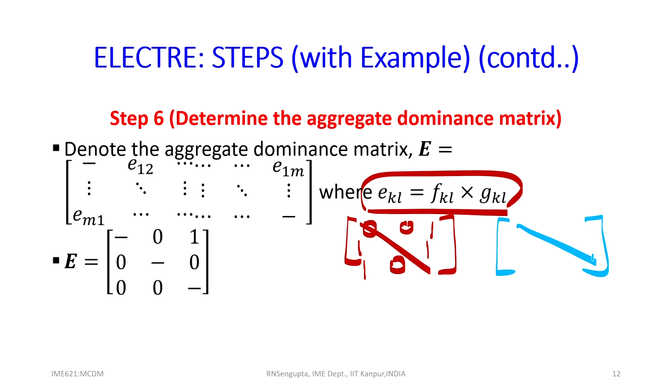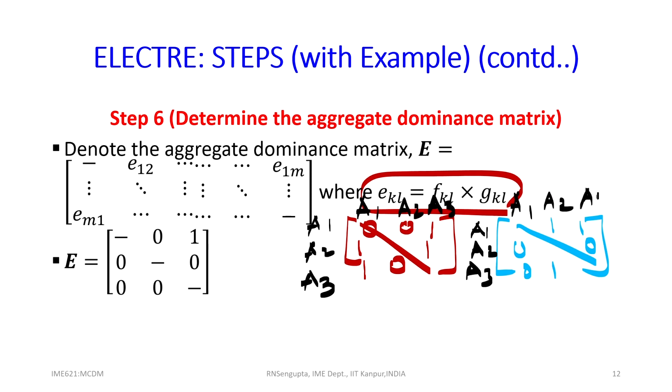This is A1, A2, A3 on the concordance, and this is A1, A2, A3 on the discordance.